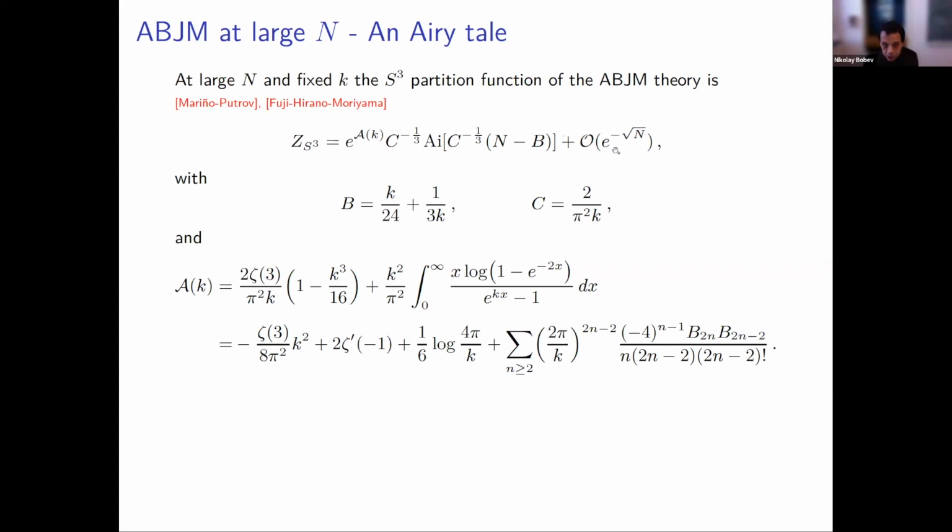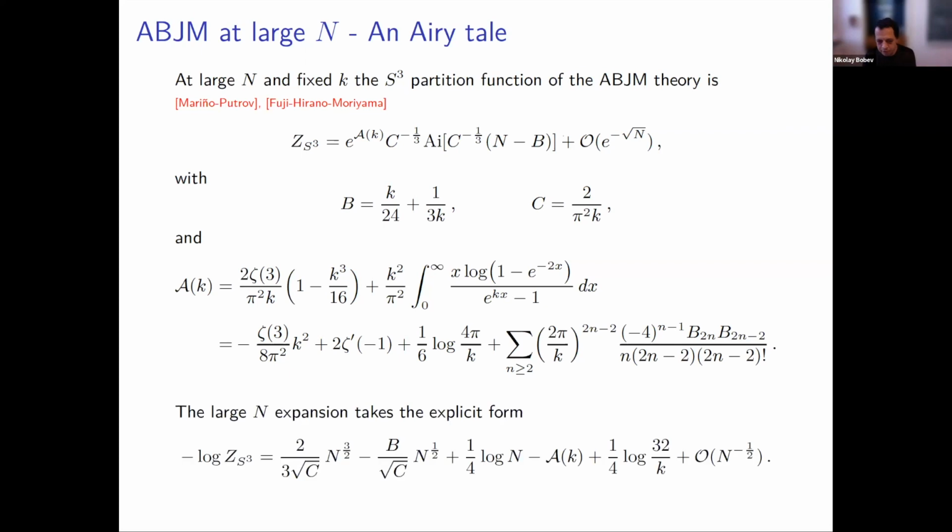Okay, so in M theory, the first piece will correspond to all perturbative corrections to 11D supergravity, and these exponential terms should be M2 brane instantons, which we certainly don't know how to compute systematically. But this matrix model computes all of this for you essentially with very little effort.